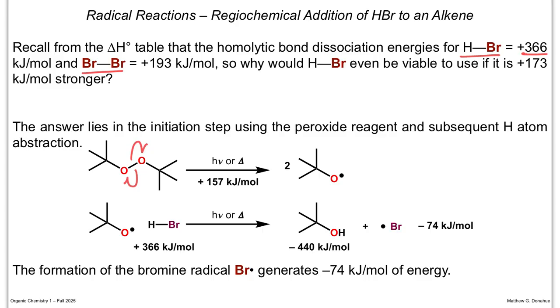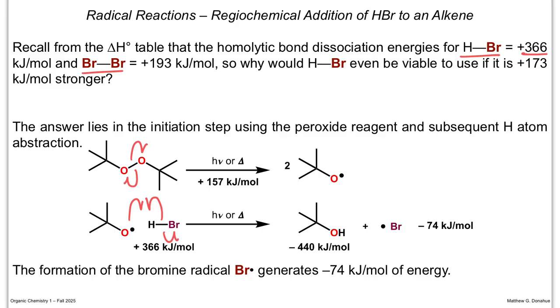And so we can move electrons like that to form an OH bond. Now we have a neutral alcohol and then a bromine radical. So overall, this sort of initiation and then start of a propagation is exothermic, so that's favorable.